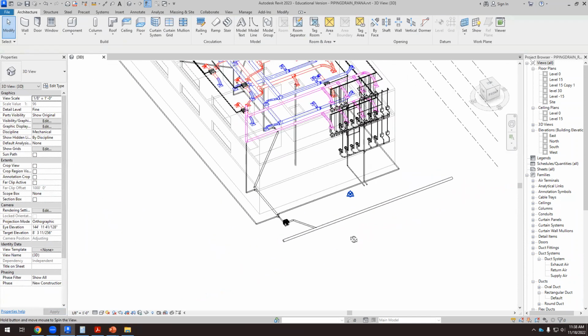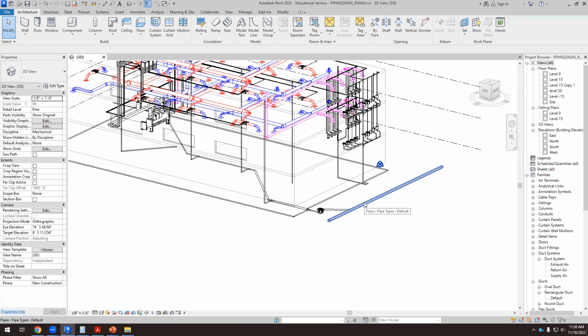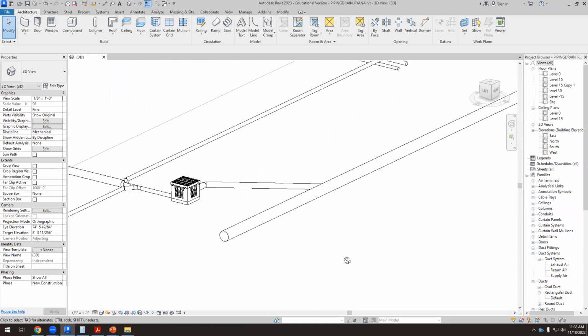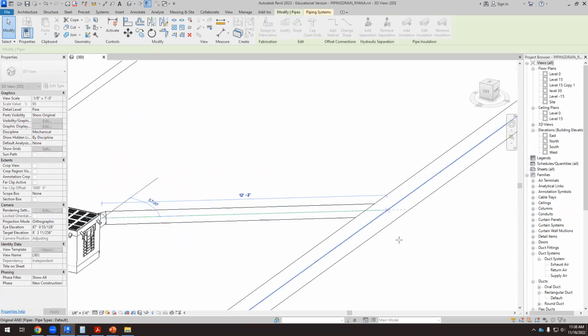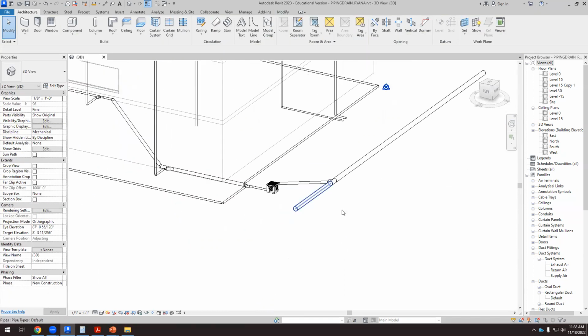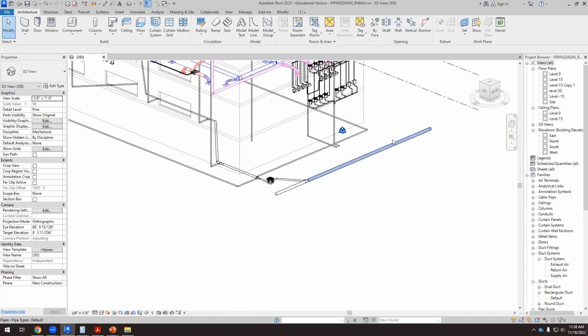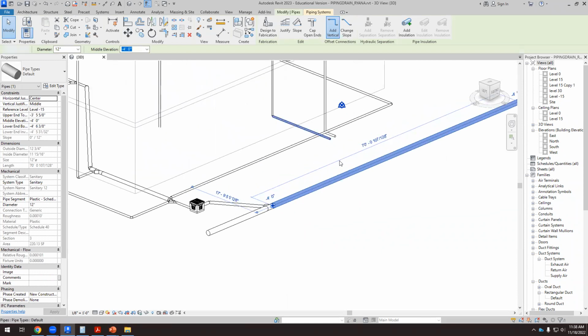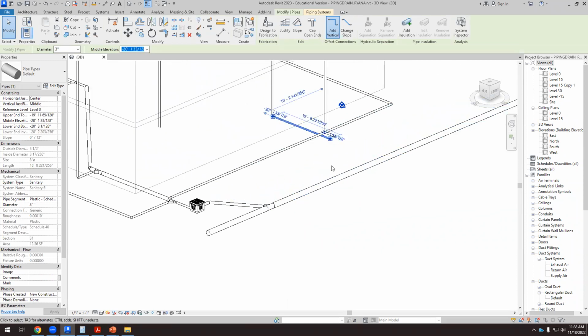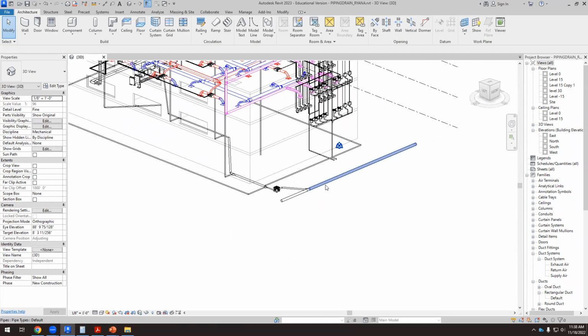We're talking about 4 or 5 feet, and there's always a connection here. But this is the city sewer for rainwater. There will be another one for gray water, and another one for the black water from the toilets.